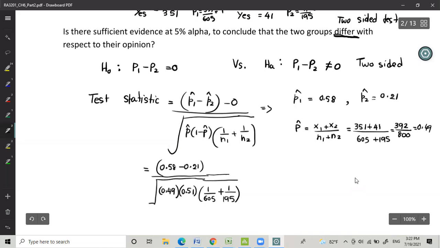Whole thing square root. Right, so be careful when you plug in these values to the calculator. So what is this? It's the test statistic. It's always going to be a z-score, right? With the proportion, it's always a z-score.